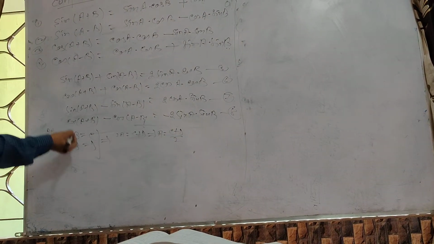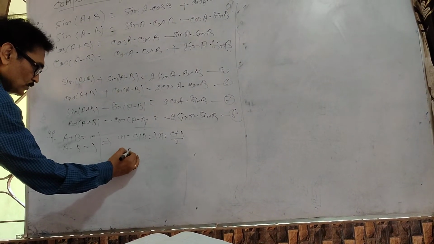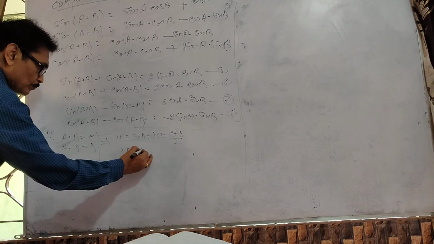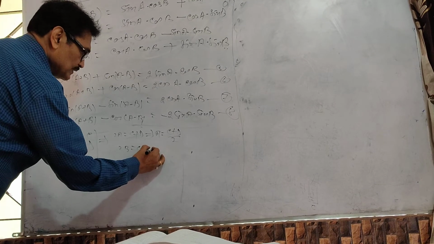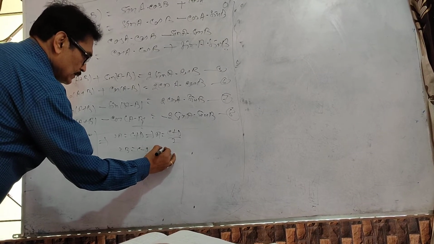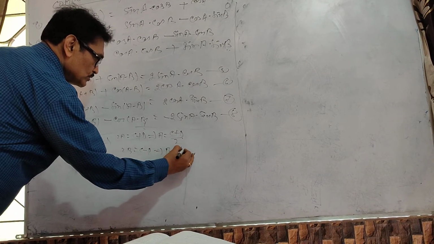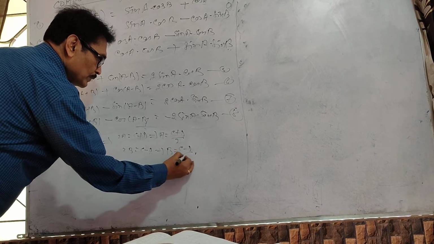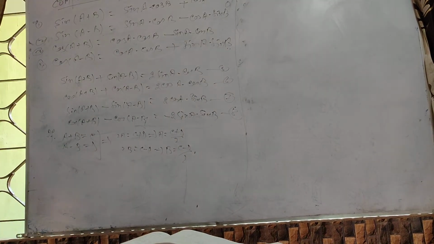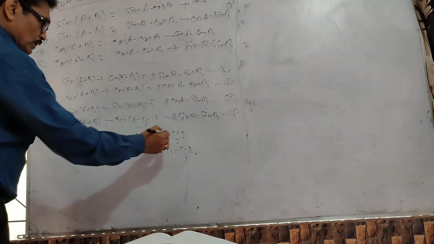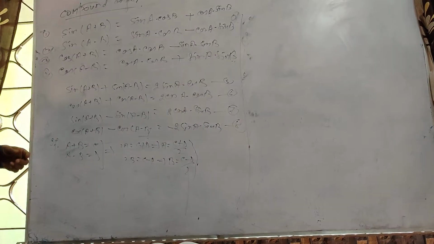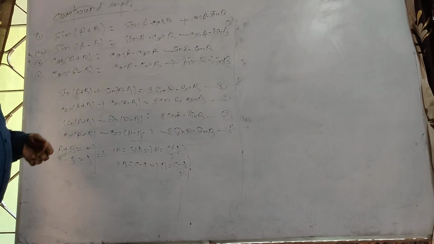On subtracting this one, twice B is equal to C minus D, this implies B is equal to C minus D upon 2. So we put these values A and B here.